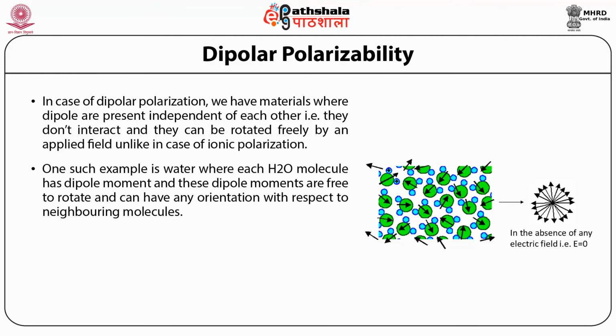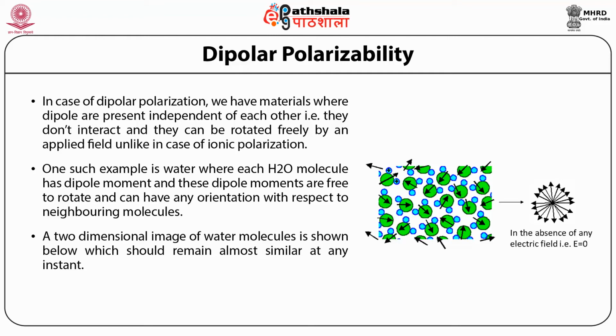One such example is water, that is the H2O molecule. The H2O molecule has a dipole moment, and these dipole moments are free to rotate and can have any orientation with respect to neighboring molecules. Due to the ability of molecules to move around randomly, liquids like water have very limited dipolar polarization contribution despite having a permanent dipole moment.